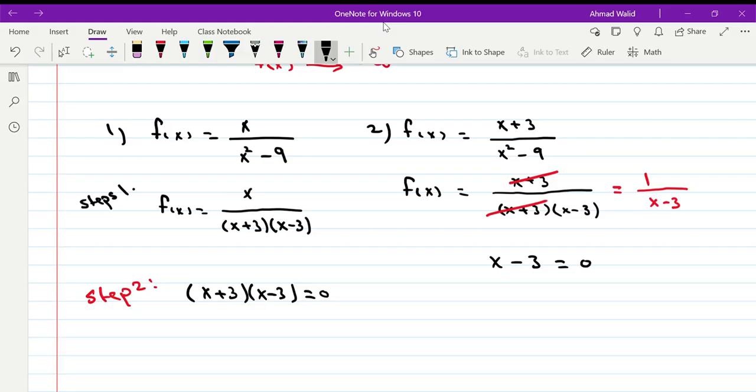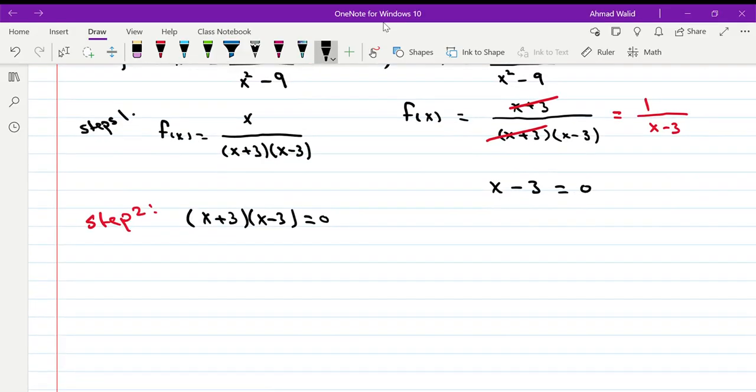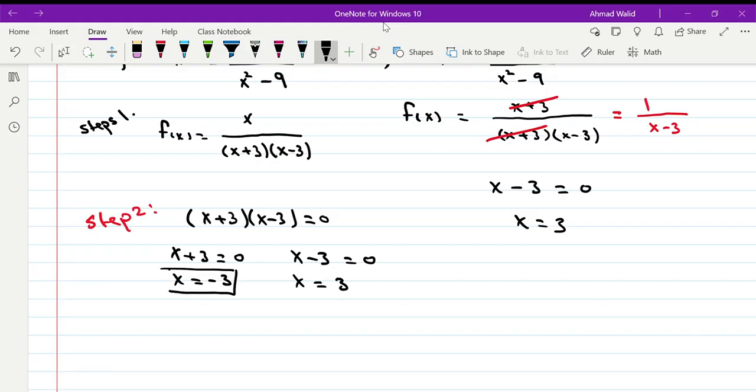And solve both of them, right? x plus 3 equals 0 means x equals negative 3. And x minus 3 equals 0 means x equals 3. And also in example number 2, x equals 3. For example number 1, x equals negative 3 and x equals 3. These are your vertical asymptotes.